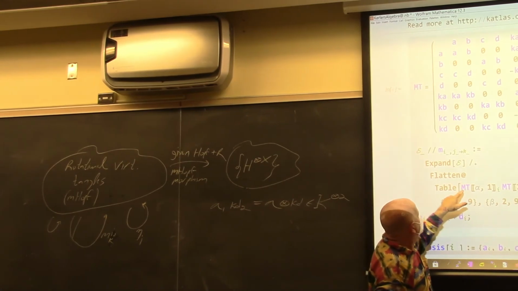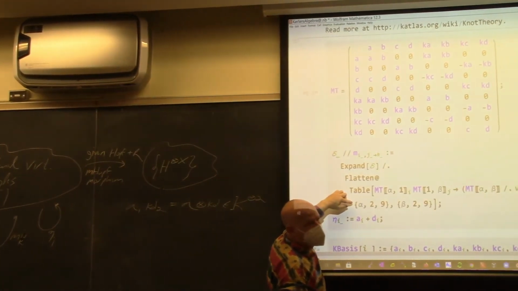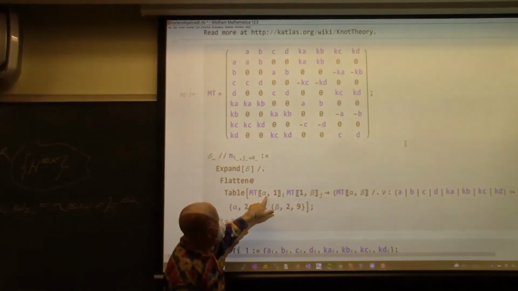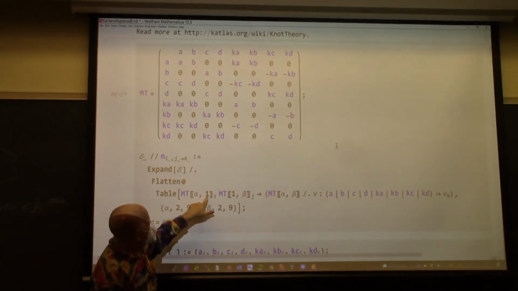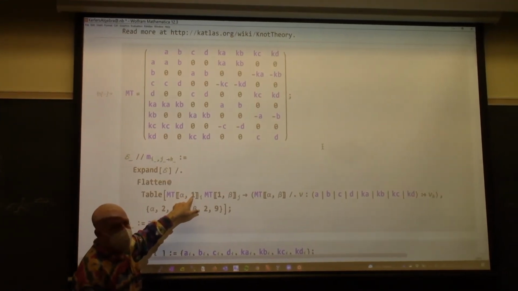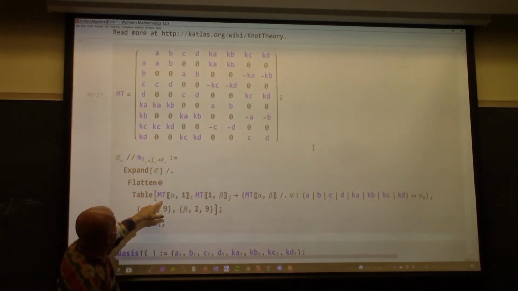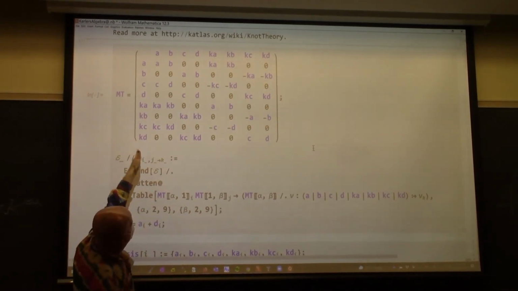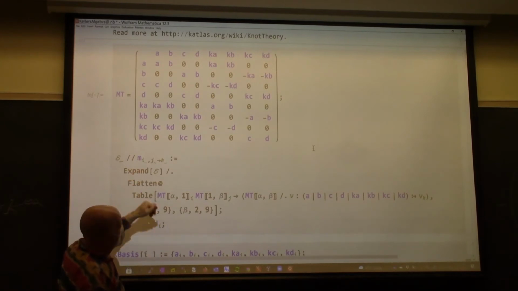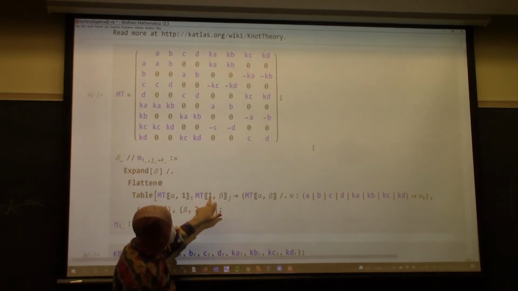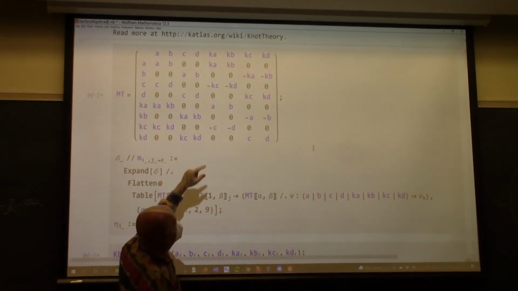So I generate a table in which I look at the alpha 1 entry of the multiplication table, so I'm looking at the column, and then the 1 beta entry of the multiplication table, so I'm looking at the row label.